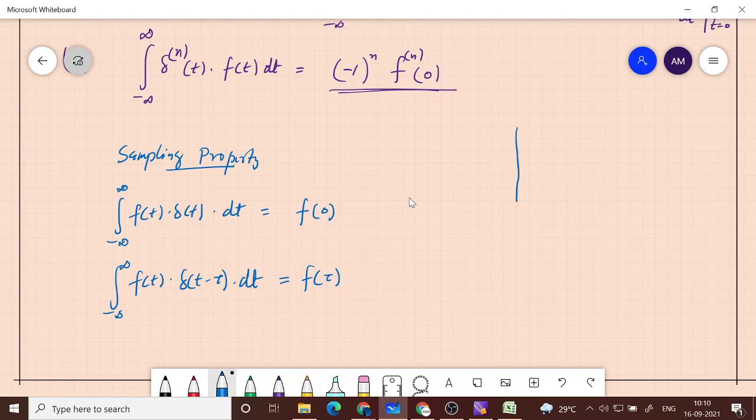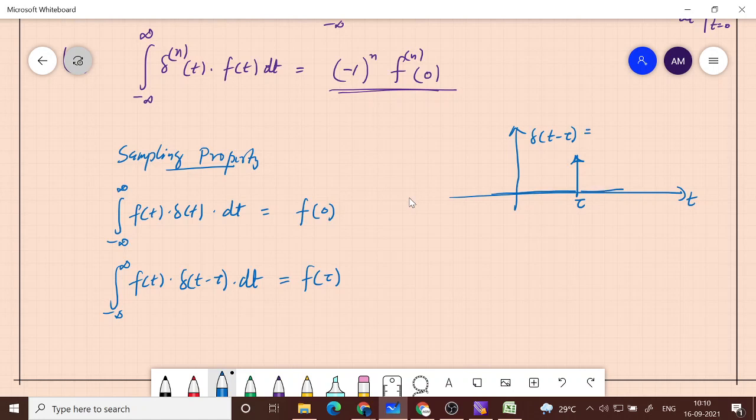If I plot this it will become clear. This is our time axis. Delta of t is here, and delta of t minus tau is somewhere here, where the impulse is occurring at tau and everywhere else it is 0.